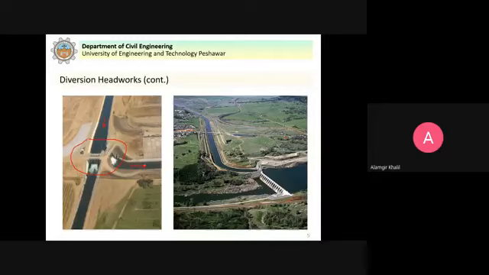Similarly, in this example, the water is diverted into this off-taking canal. Remember, it can be more than one canal, depending on the requirements, but the works which are constructed on the river to divert the water to the off-taking canals are known as diversion headworks.